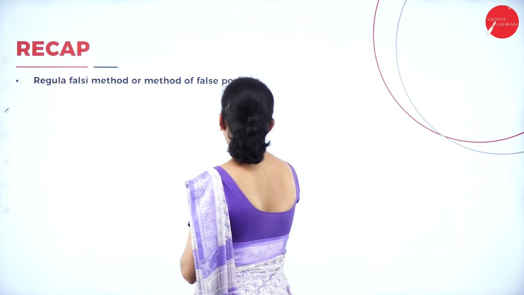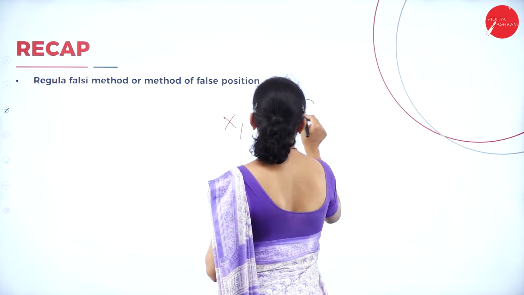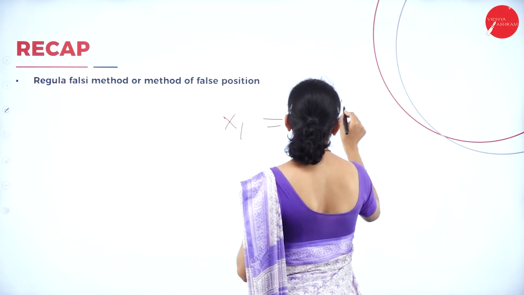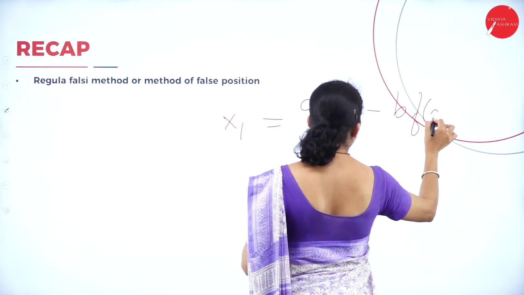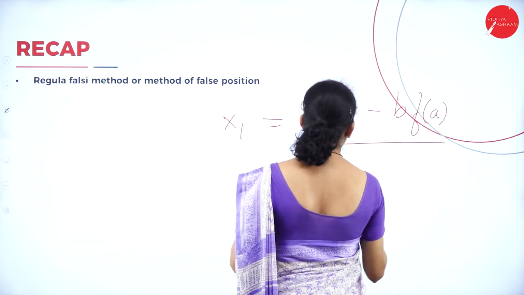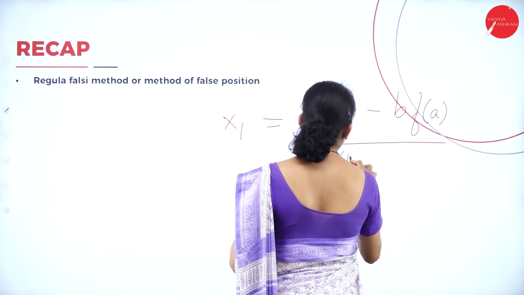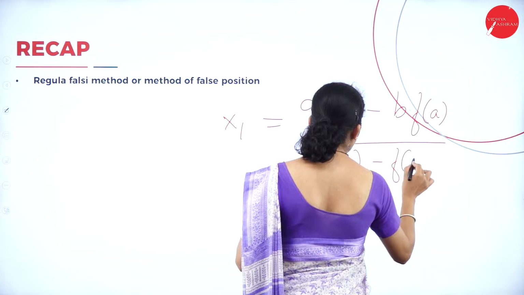That is x1 equal to a f of b minus b into f of a divided by f of b minus f of a.